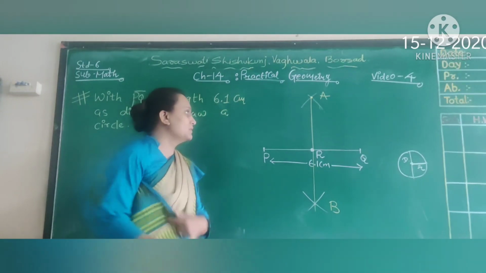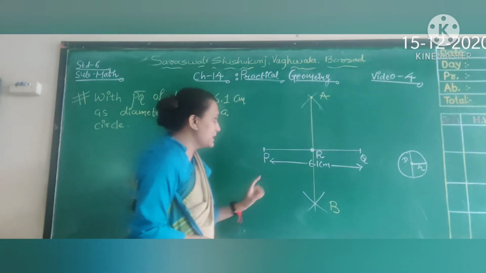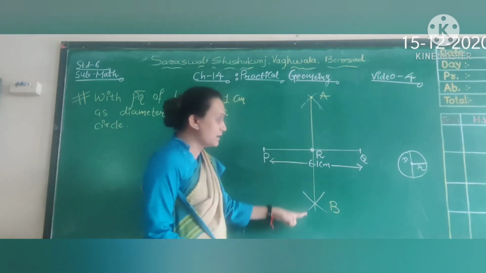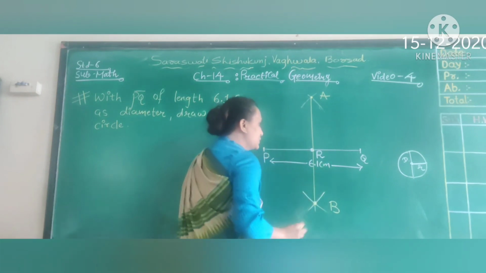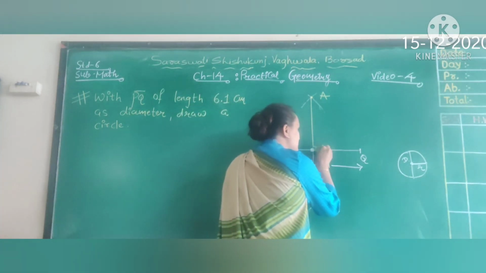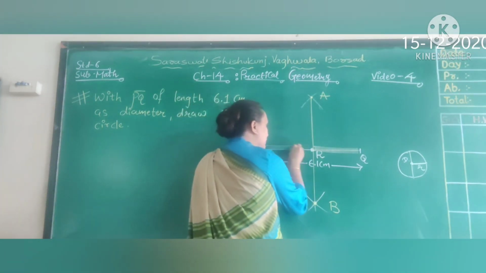So here with the help of a straight line we have joined A, R and B. Please be careful that here all points are on one single straight line. Clear? Now you can see here RQ is the radius, okay, or we can take PR.